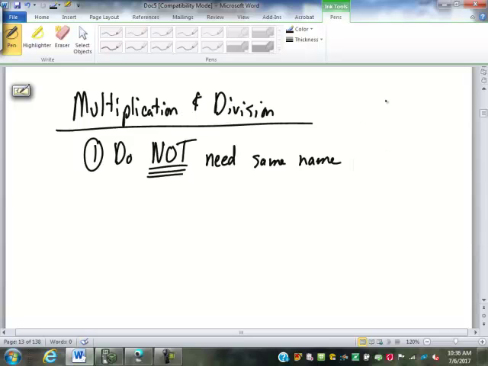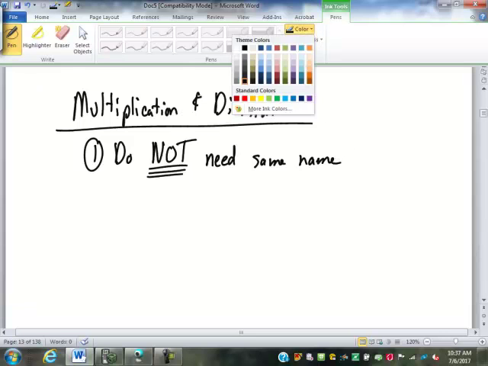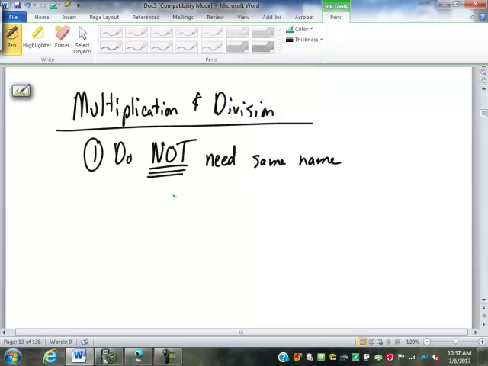What that means is when we're multiplying with whole numbers, we don't really worry about lining up the columns. I know we do anyway just to keep it neat, but when we're dealing with fractions, that means no need for a common denominator. Don't have to worry about common denominator.